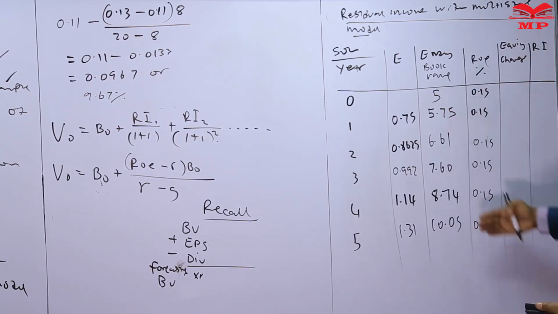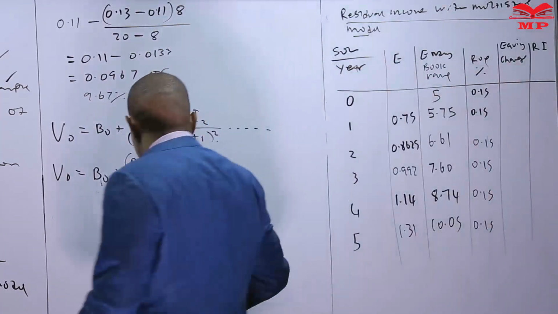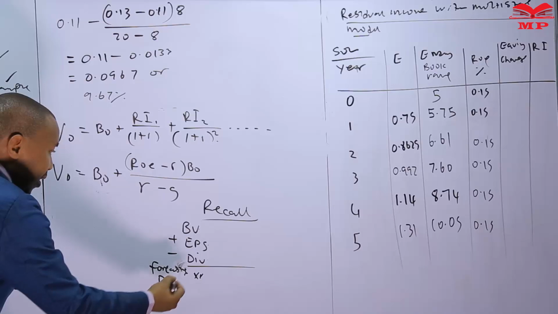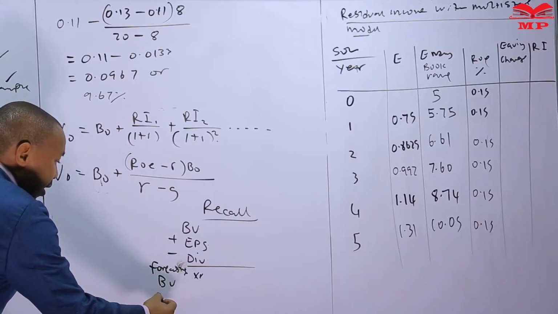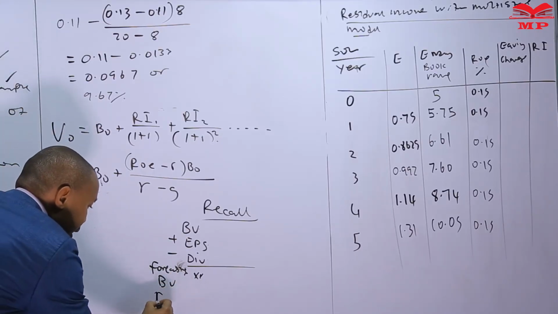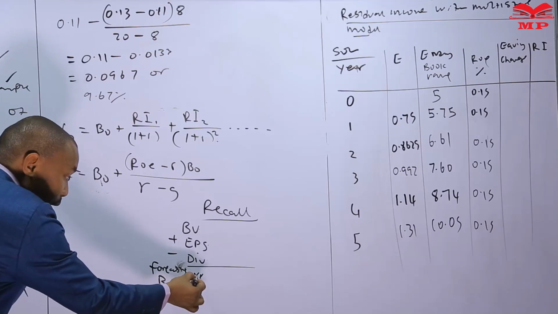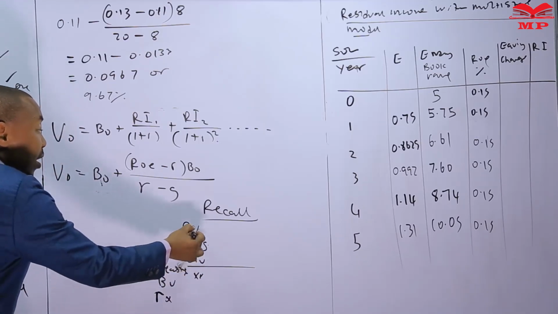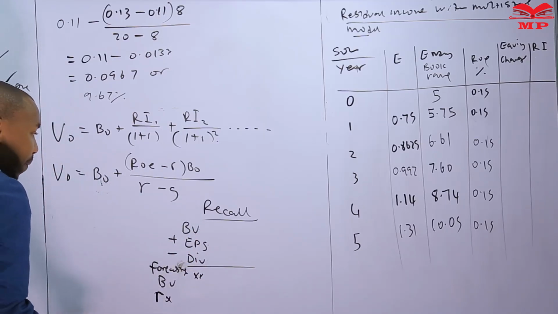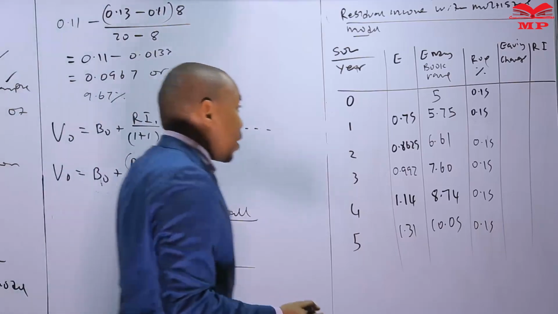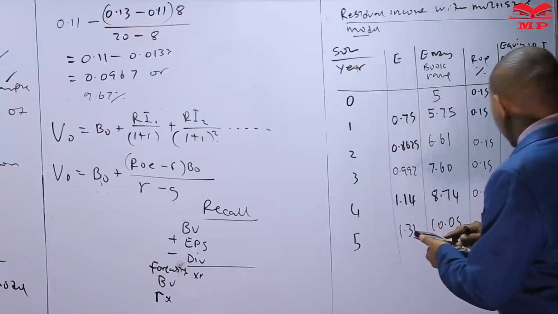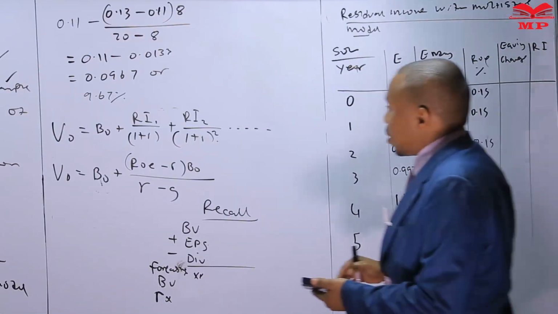Now we've done the estimates over here. Now the equity charge: once we had got to the forecasted book value, we had said the equity charge is gotten by getting the required return, R, multiplied not by the forecasted book value, but by the beginning book value there. In this case, the required return is how much?